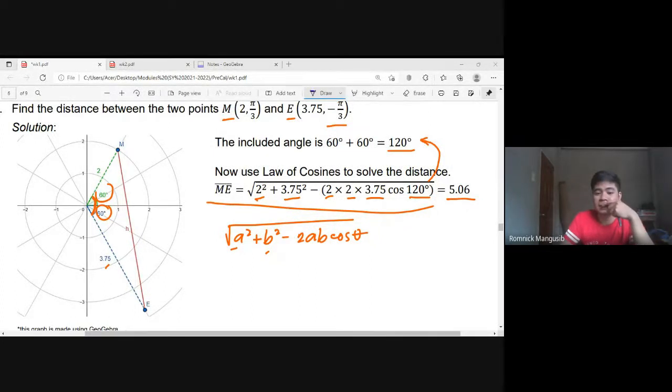And then the next thing you have to do now is to perform the operation, perform the formula, substitute. Yung A and B lang naman na yan ay yung radii or radius ng bawat isang point. At isa sa dapat nyo maintindihan dito is you should always illustrate. Drawing kayo quickly, you draw. Kasi that will really help you.